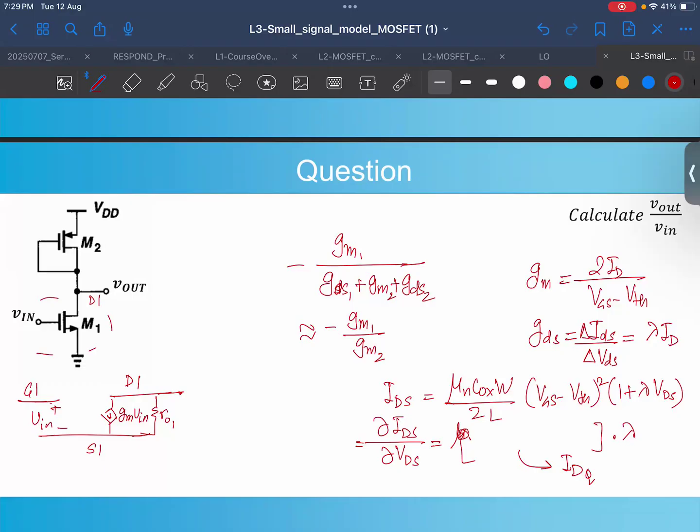Similarly, for M2, you can make another small signal model, where you say this is S2, this is G2, this is D2, because it's a small signal. So we can say that there is a VGS, and as a result of it, there is a current which is gm VGS, and there is a resistance r0.